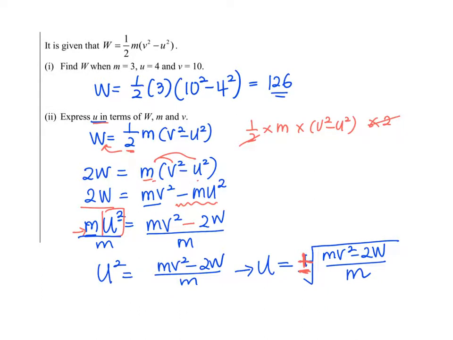Okay. Now there are other versions of this answer. Some students will prefer, from this step, to do 2w over m. So u squared equals this, then u equals plus or minus the square root.